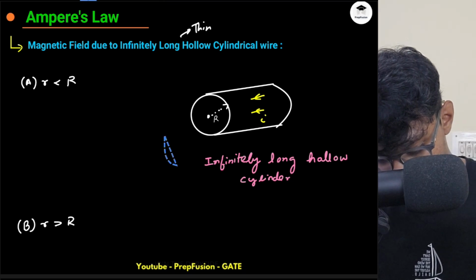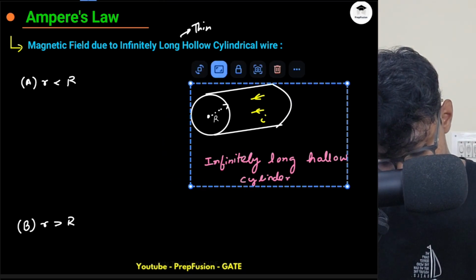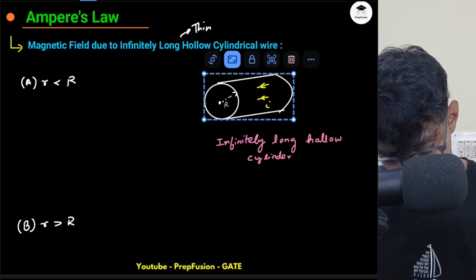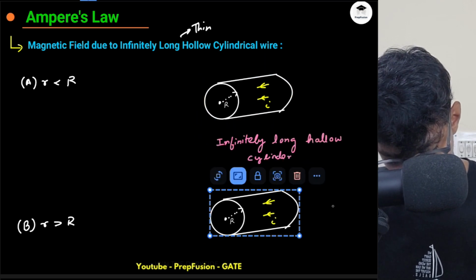If I have taken a circular Amperian loop, I will reduce the size and duplicate this.